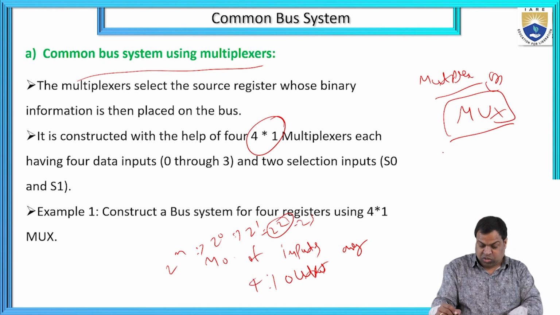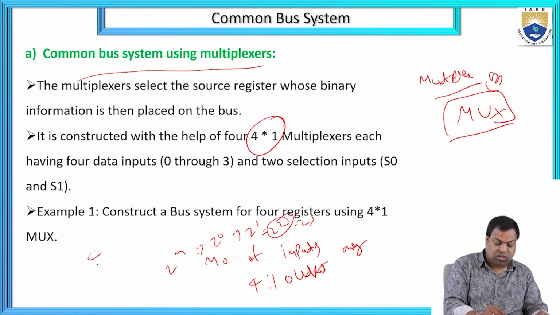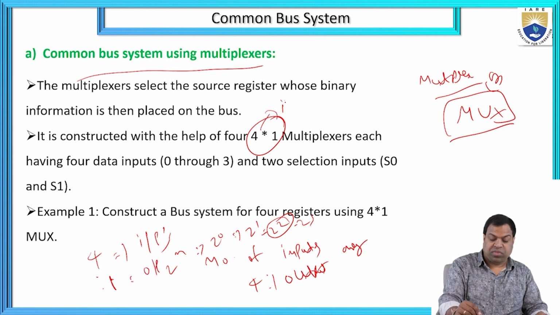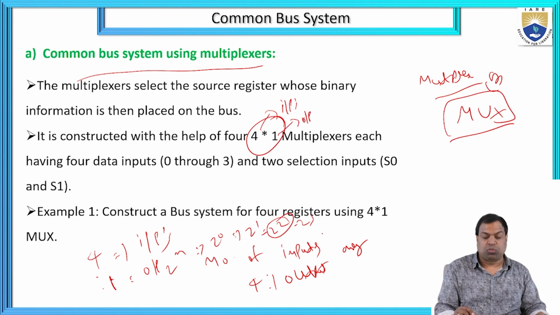When I am using 4 is to 1, it means 4 inputs and 1 output. That is called 4 is to 1. Multiplexer means n number of inputs and only 1 output.